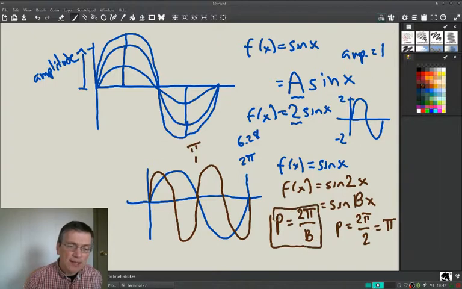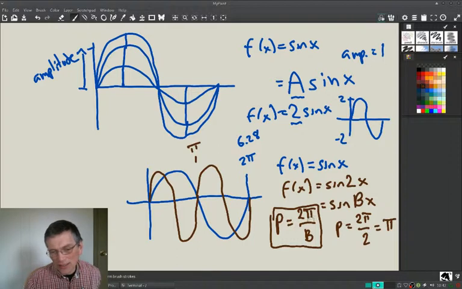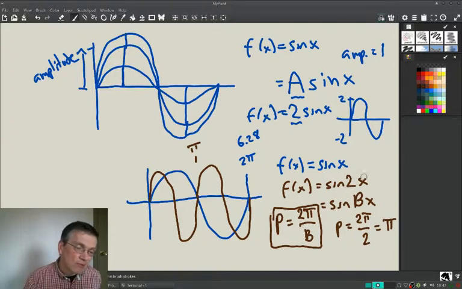If you have a b here, if you have some number here multiplying the x, and we'll talk about frequency later on, to get the period, you take 2 pi and you divide it by that number. Alright, that number could be 1/2. Really quickly, I'll do a sine of 1/2 x.